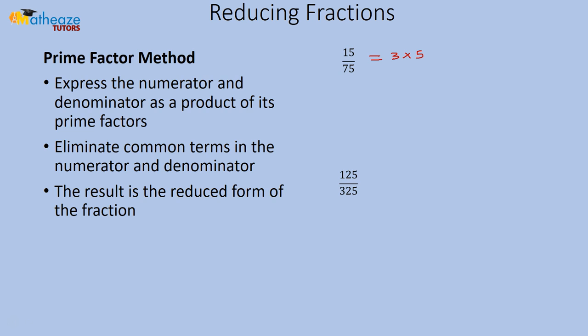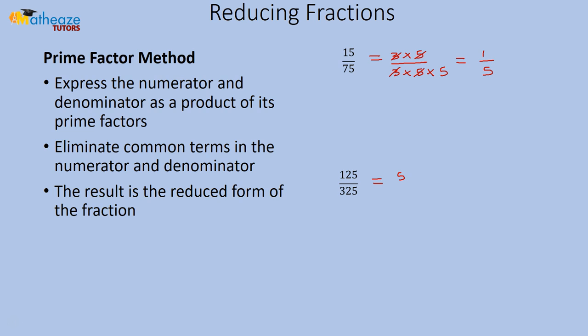It will show you how to get to this. This is divided by 3 times 5 times 5. So what you see here is we can cross this out. 3 crosses out, 5 crosses out. So we're left with 1 over 5.